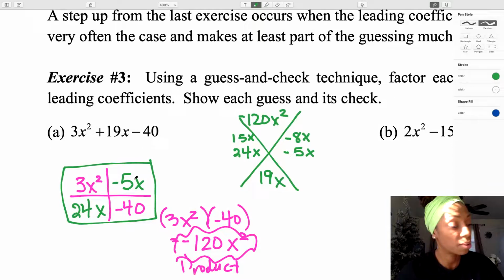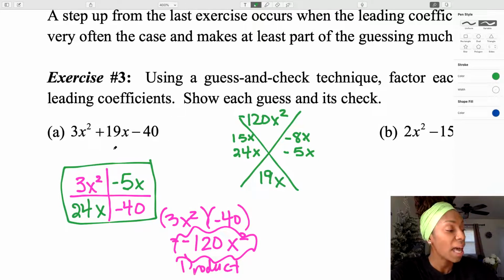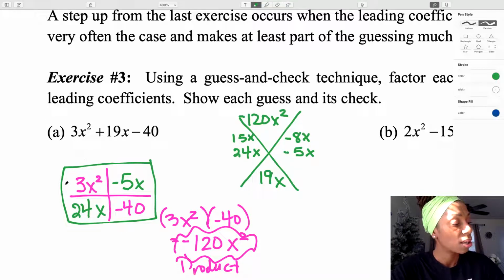So let's now figure out what had to be the dimensions in order for us to get these products or these areas. You look across at the rows and you look up and down at the columns and you look for the GCF. So let's look at 3x squared minus 5x. The only factor that these two terms have in common is an x. So we put an x outside. Now let's look this way.